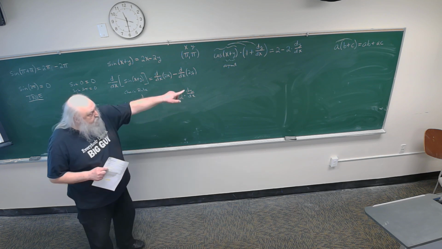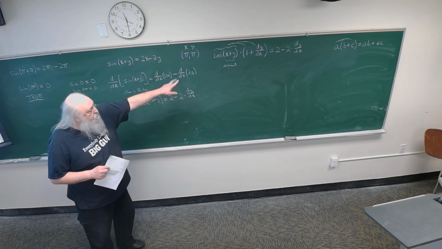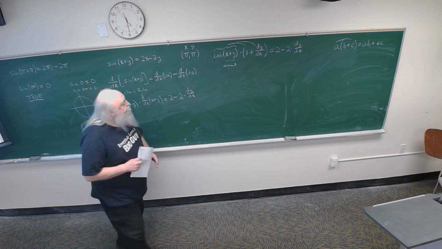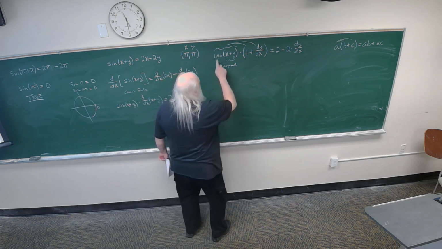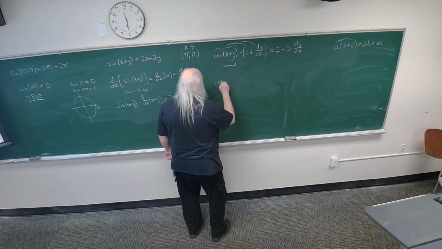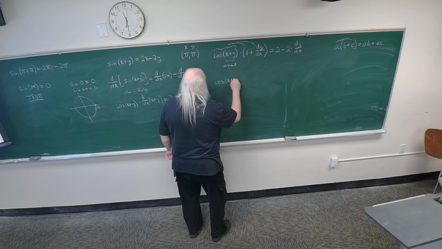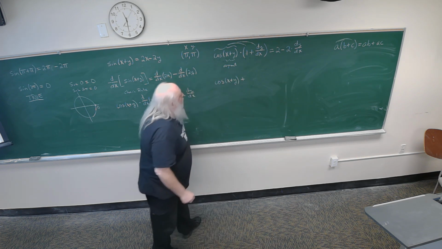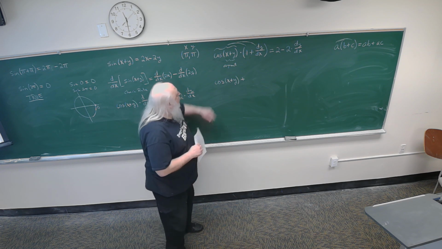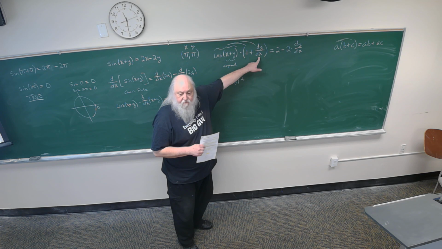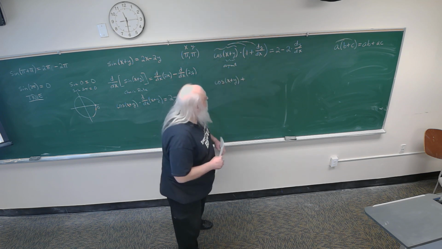So we're doing basic distributive property, but with more complicated expressions. Okay? So cosine of x plus y times 1 is just the cosine of x plus y. And then we have the cosine of x plus y times the derivative of y with respect to x.